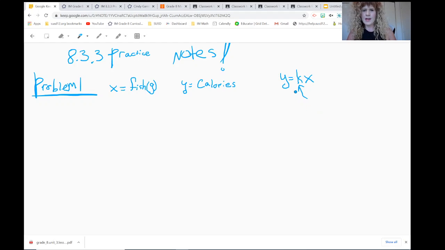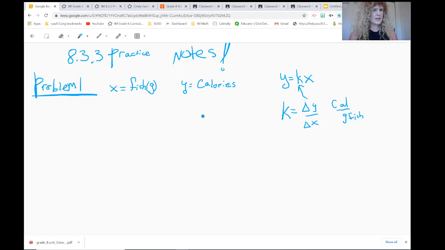Okay, so what is that rate going to be? Well, in every proportional relationship, that k equals the change in the value of y for every change in x. So for this, it's going to be how many calories for how many grams of fish.